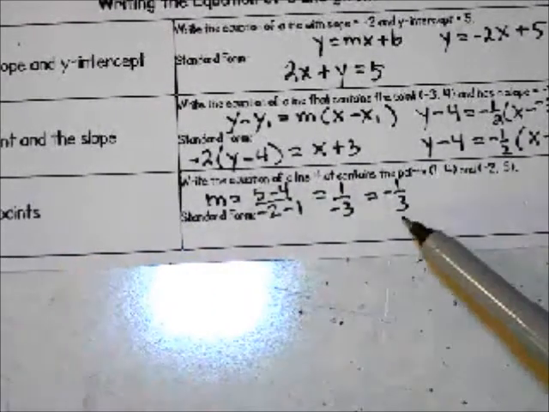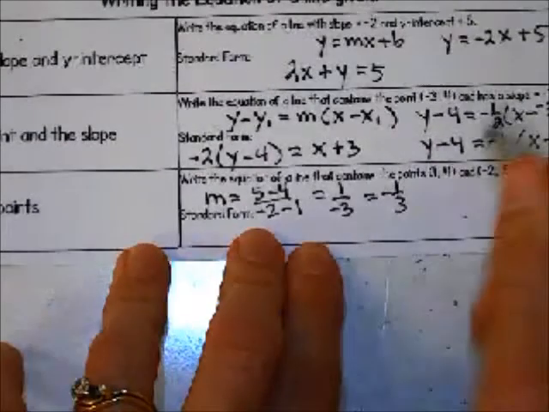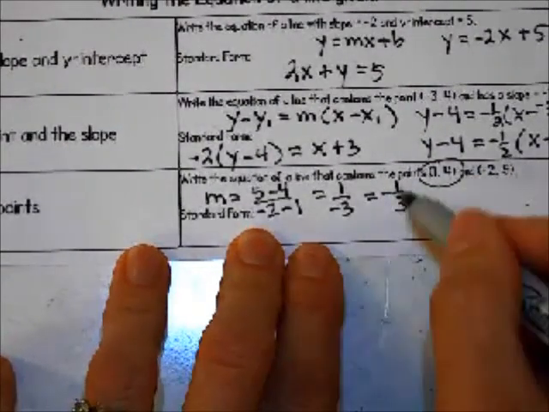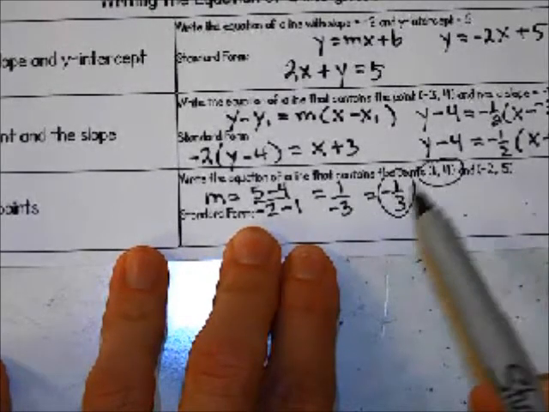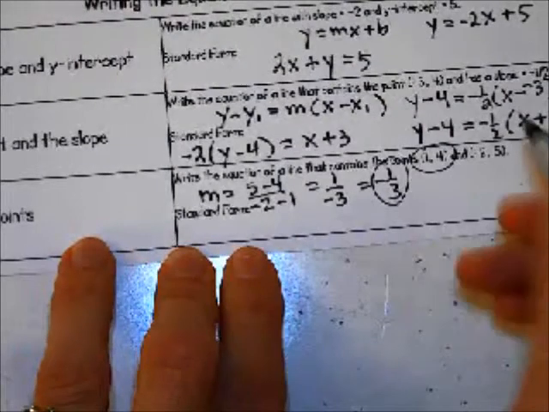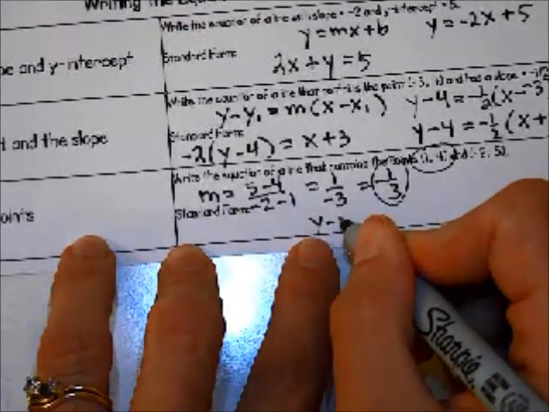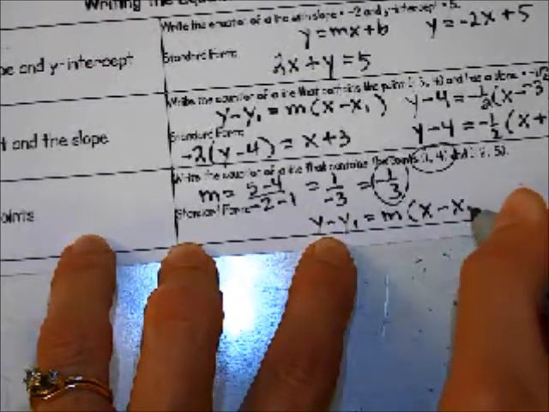And then the process is basically the same as the one we did above. We can pick one of the points. I'm going to choose this one. And I'm going to use my slope and the point-slope form to figure this out. So y minus y1 equals m times x minus x1.